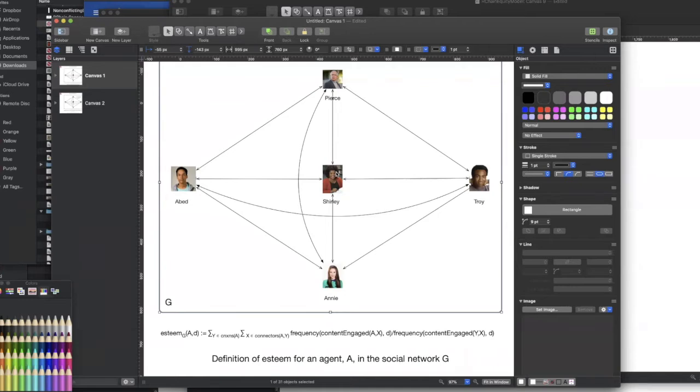Yeah. So, but I wonder, in this case you also have the Annie to Shirley connection. Does that make a difference, even though it's not a direct connect? I mean, she has a direct connect between Abed and Pierce. Yeah, we're only looking at the direct connectors, not the lengthy paths. Because in a graph like this, you could go around loops. So we're just looking at the direct connectors.